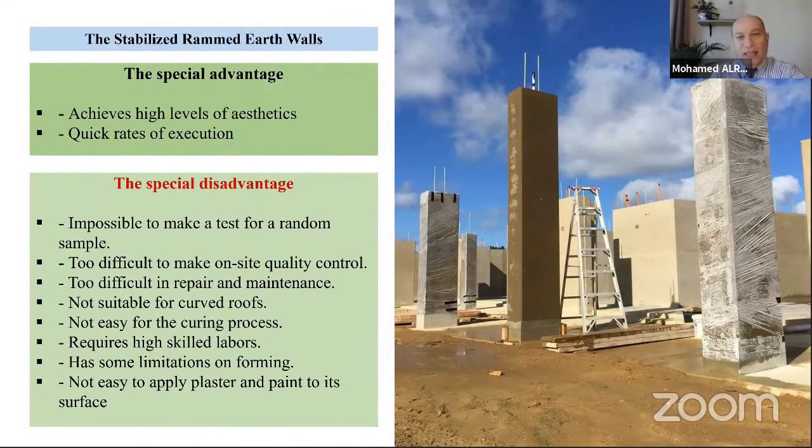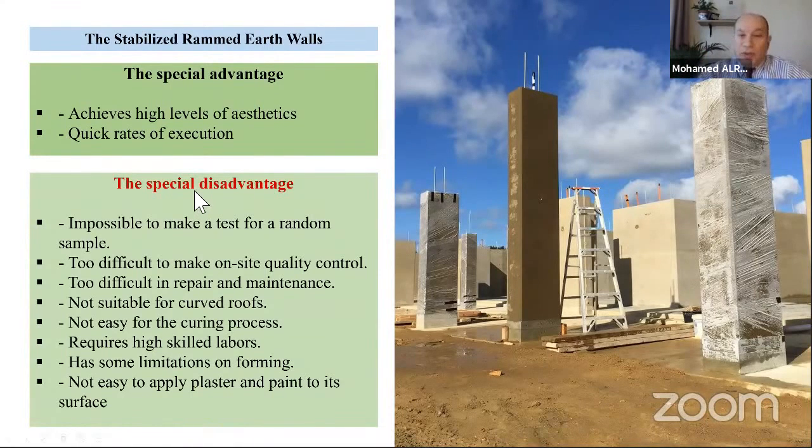But this technique does not easily allow you to have these curved roofs, because curved roofs need you to connect the roof with the walls. And for most of these structures built by rammed earth, it's not easy to do. Most of them need a ring beam. Again, we go back to reinforced concrete.